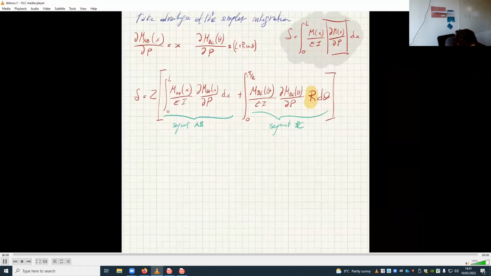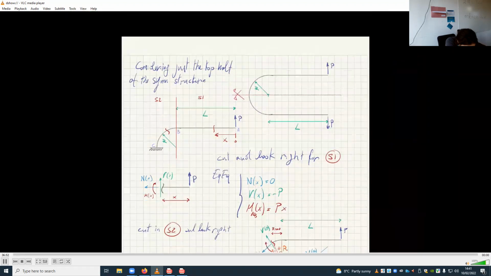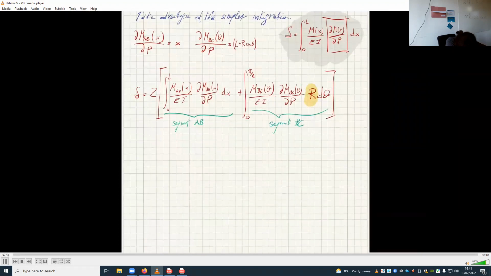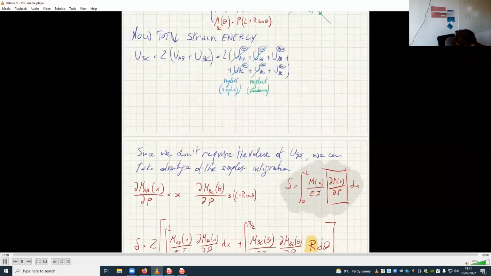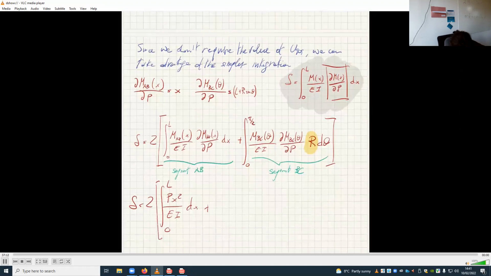So integrating this, I get M_AB of x is Px. So delta equals twice the integral of Px squared divided by I dx between 0 and L, plus M_BC is P times L plus R sine theta, squared, divided by I times R d theta.